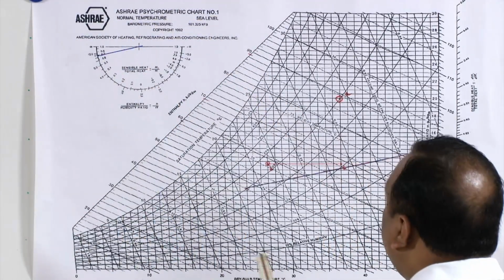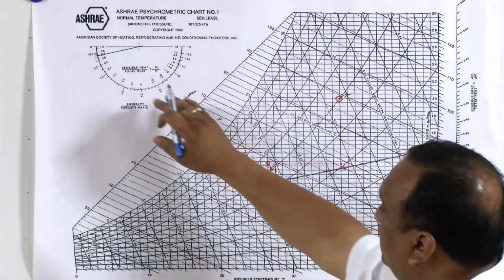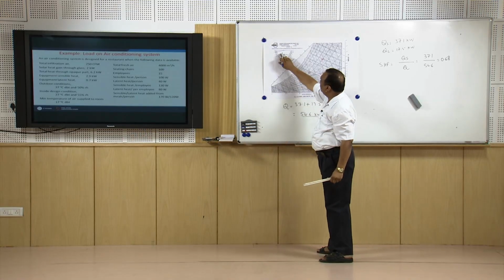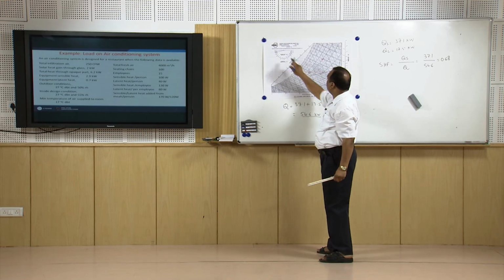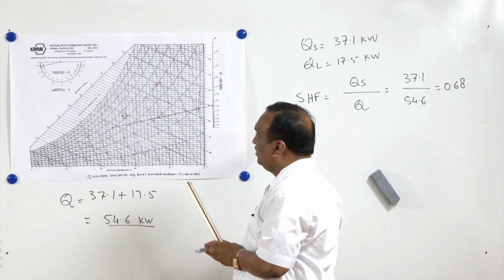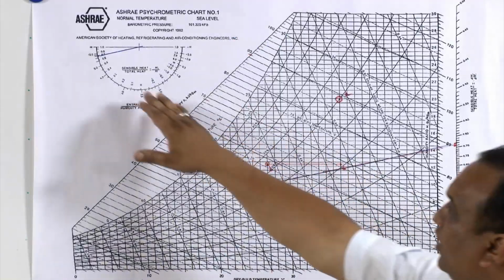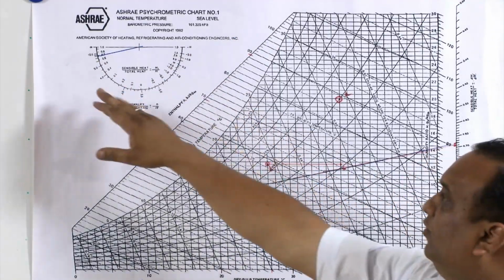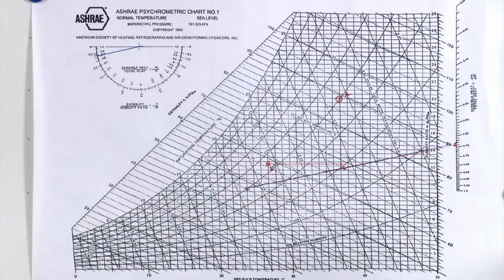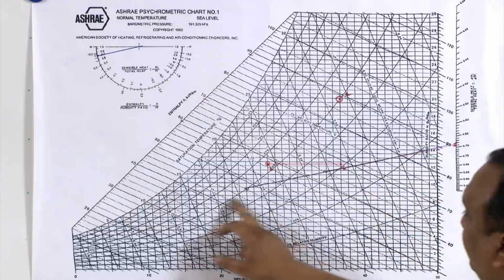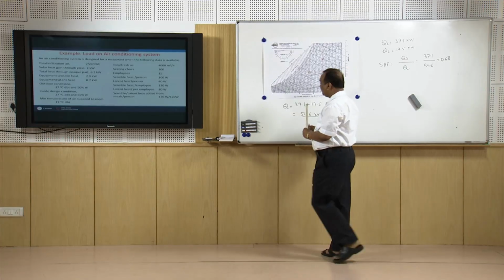Any line parallel to this line will show the sensible heat factor of 0.68. In fact, this line and this line are parallel, so you can choose either way. Either you choose these marks or this half circle, you will get the same results. So this is our sensible heat factor line.